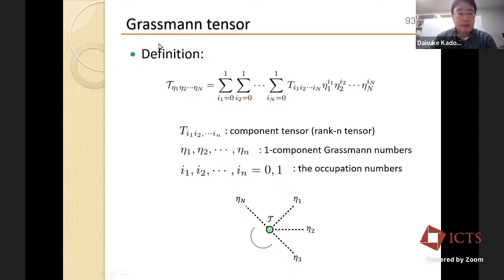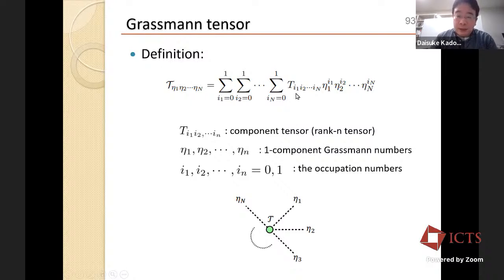So the Grassmann tensor is defined by this, with n one-component Grassmann numbers satisfying the standard anti-commuting relation, and these I1 to In are the occupation numbers that take 0 or 1.